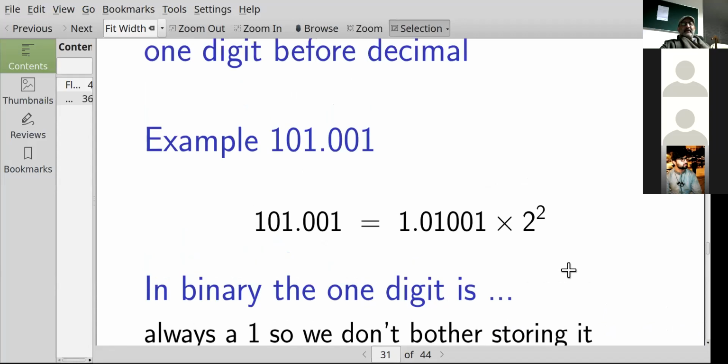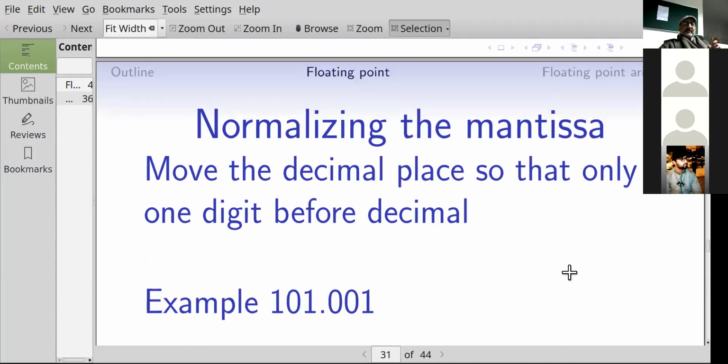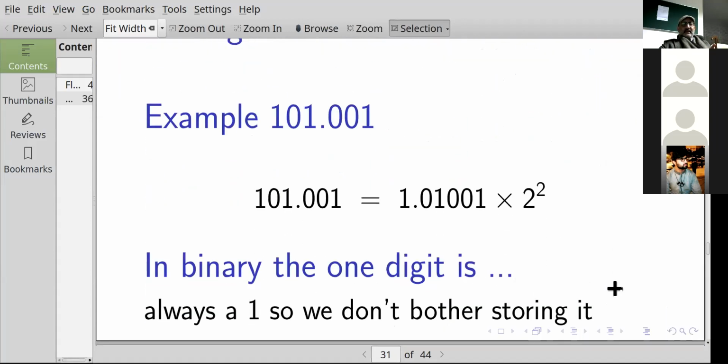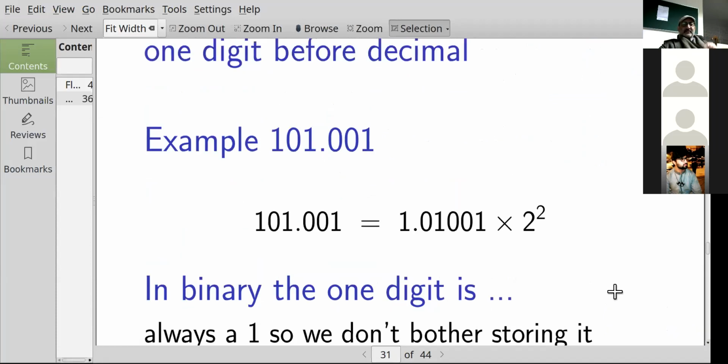If you're going to do that with every number, you're going to normalize the mantissa in this form. So that means that with every single number that you're going to try and store, there's always going to be a 1 point something. In binary, you will always have this 1.1 or 1.0 and some ones and zeros afterwards.